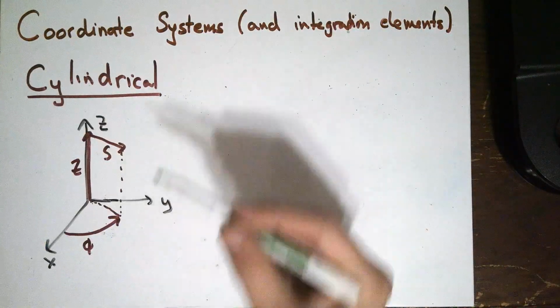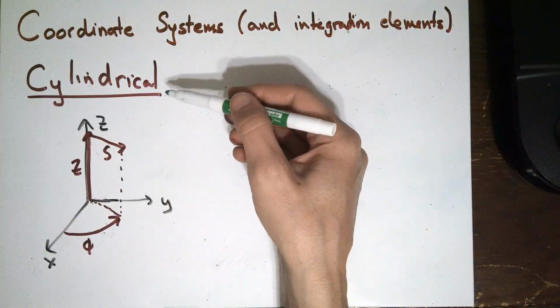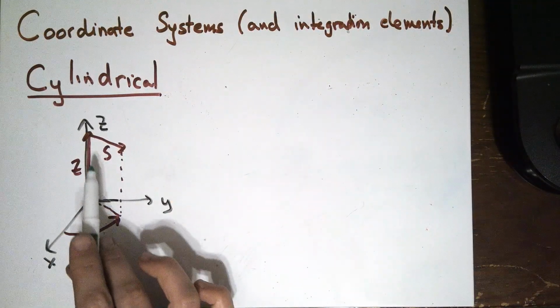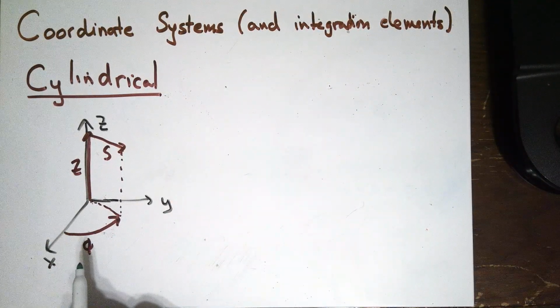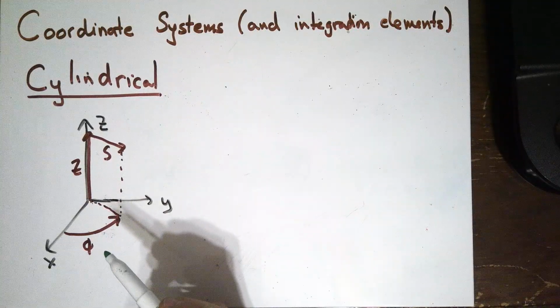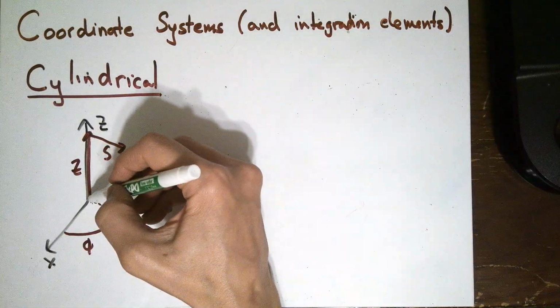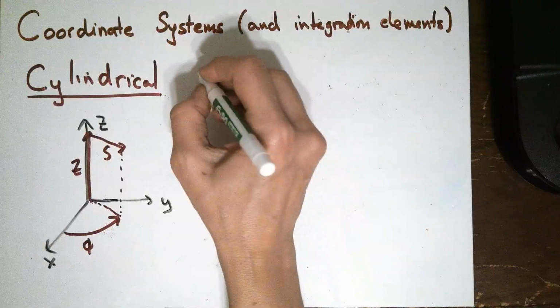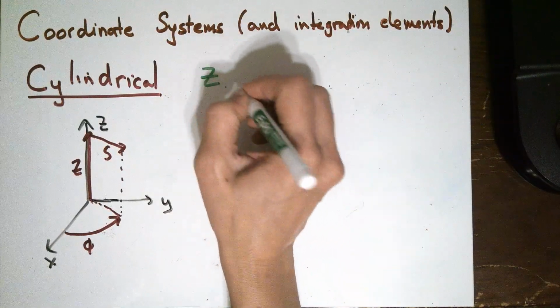So here we've got the cylindrical coordinate system, and you can see I put it on top of the Cartesian system just so you can get your bearings. The variables here are z, which goes just the same as it does in the Cartesian units.